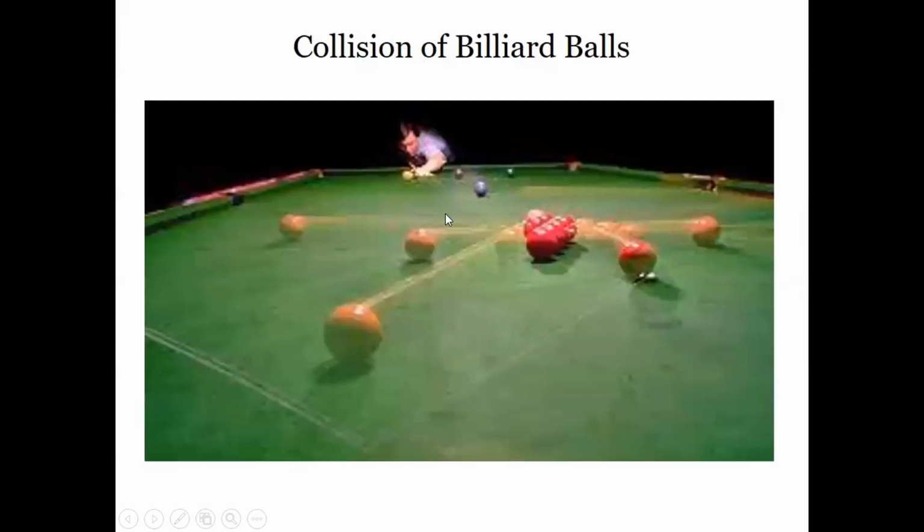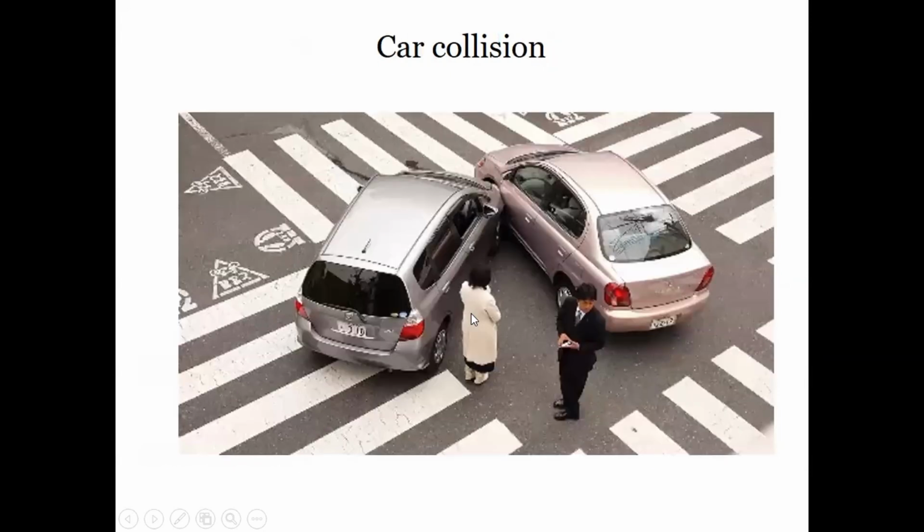We know very well that when we are playing billiard ball games, the collisions are of immense importance where we want to win. The ball hitting the other ball and transferring the momentum is the main object.